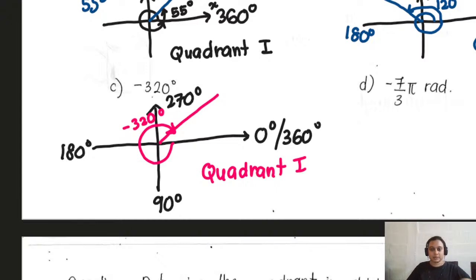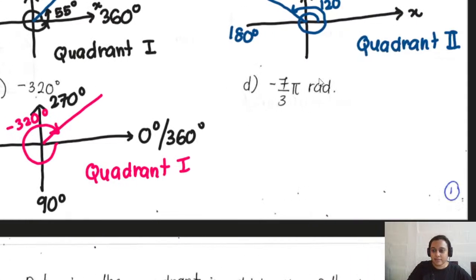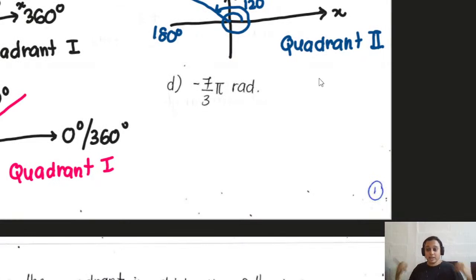Okay, next one. Negative 7 over 3 pi radian. Kita tukarkan kepada bentuk sudut first. Negative 7 over 3 times 180, because the pi ialah 180. So you get negative 420.